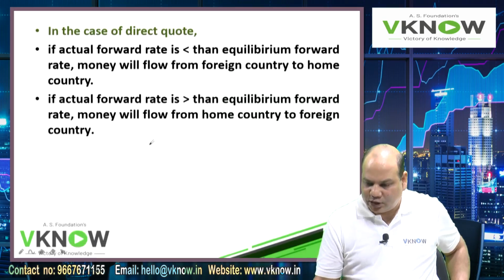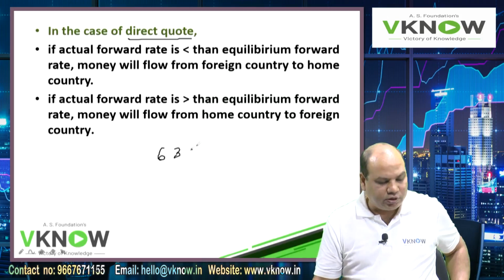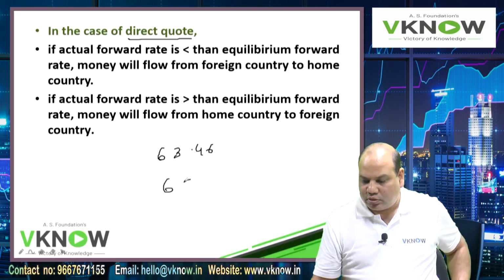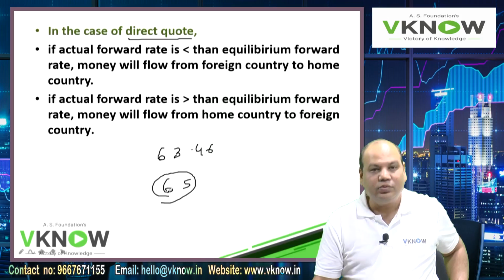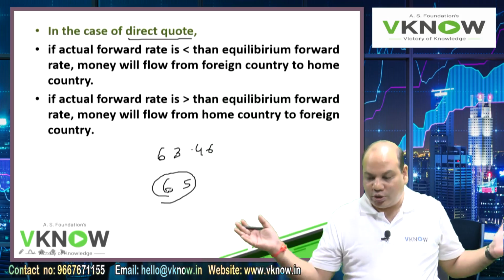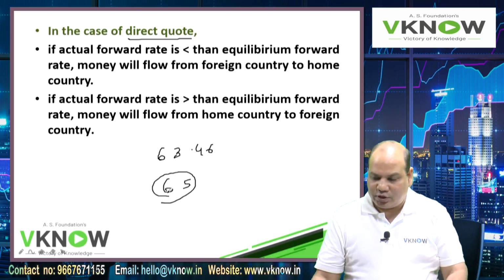But this is applicable for direct quote. If forward rate is greater than equilibrium rate, like we had calculated 63.46 and you are given a quote by the bank at 65, enjoy. Borrow in India and invest abroad.